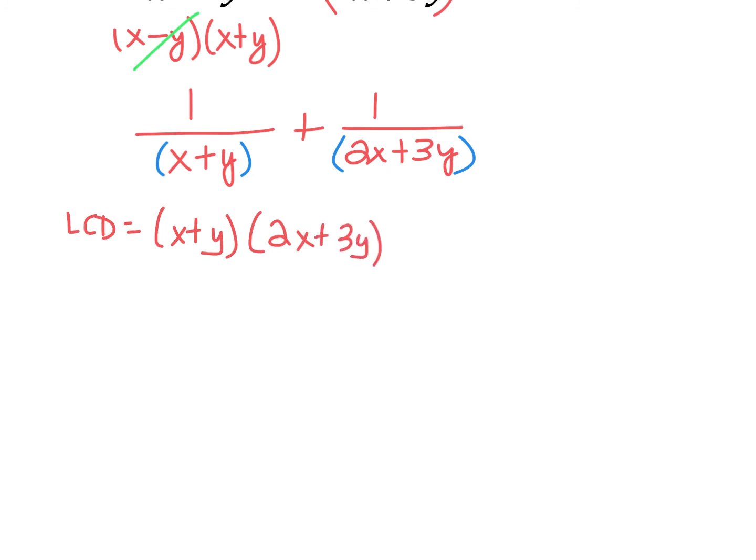So my least common denominator will be x plus y times the quantity 2x plus 3y. Now that I have my least common denominator determined, I am going to rewrite both of my rational expressions in terms of this new least common denominator of x plus y times 2x plus 3y.